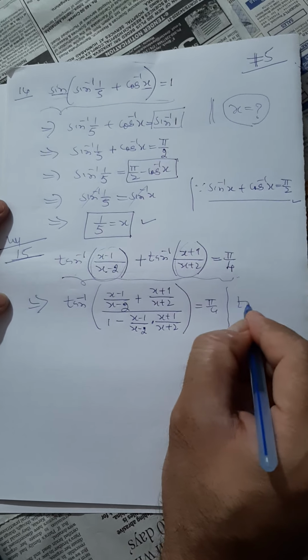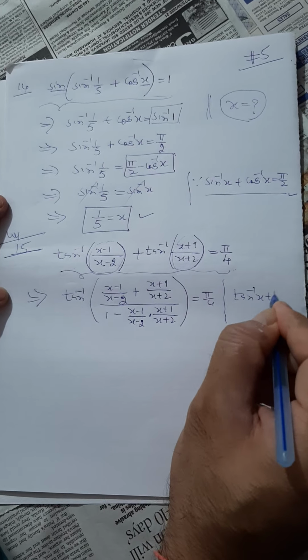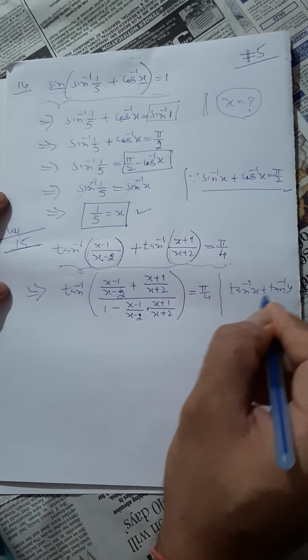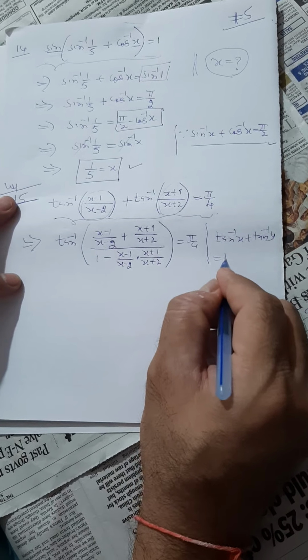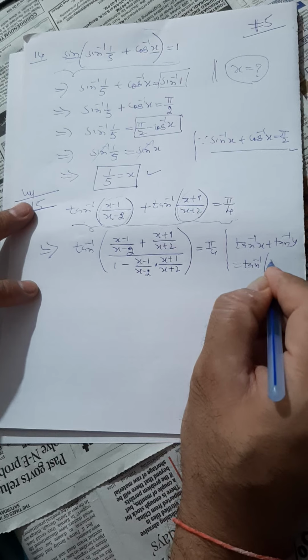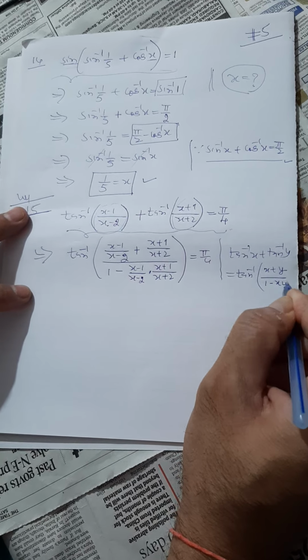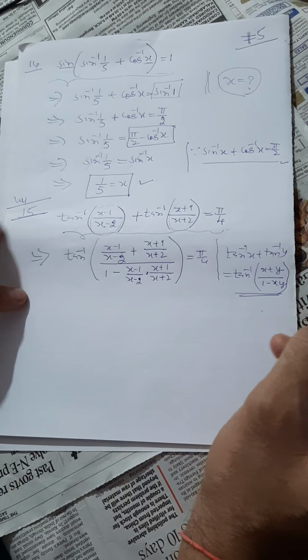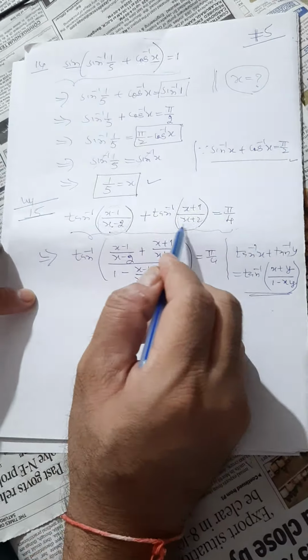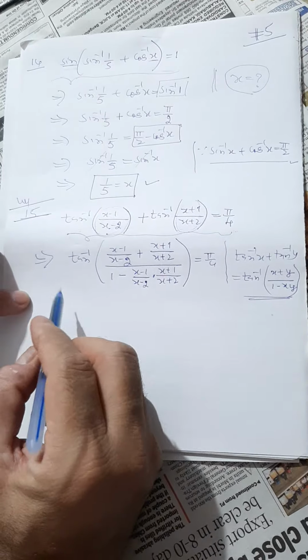You know this formula, tan inverse x plus tan inverse y equals tan inverse (x plus y) upon (1 minus xy). We have used this. So this bracket is like x, this bracket is like y.